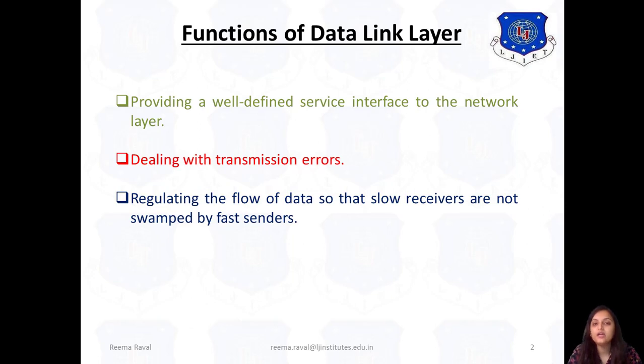That means if in the transmission some are slow receivers and at the same time some are fast, the data sequence that is to be transmitted should be received correctly and in order, so that the slow receivers cannot be swamped by the fast senders. Okay, so these are the basic functions of the data link layer.